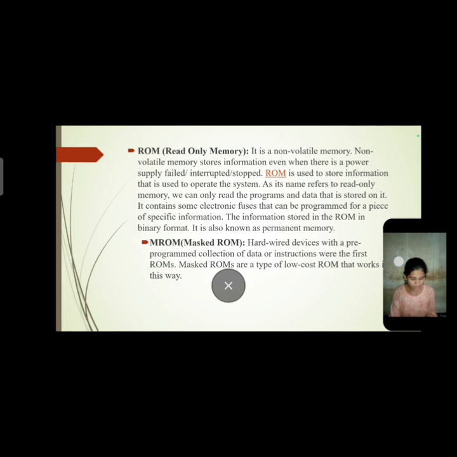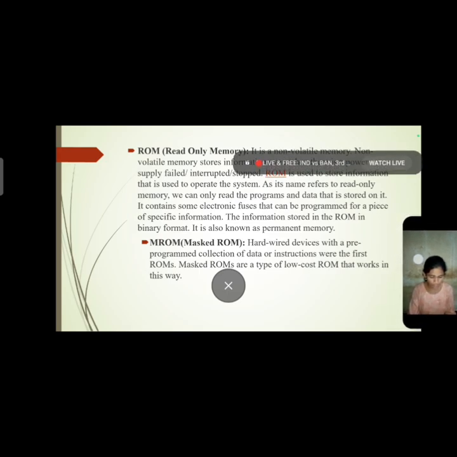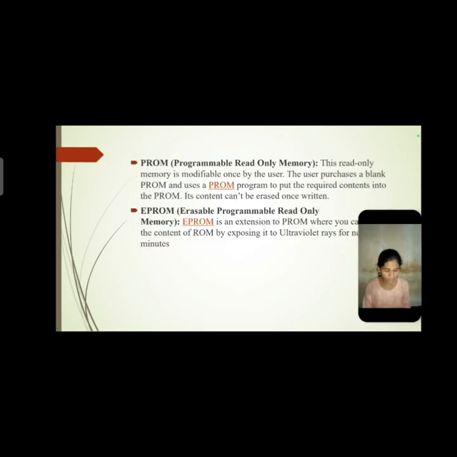Mask ROM: a hardwired device with a pre-programmed collection of data or instructions, was the first ROM. Mask ROMs are a type of low-cost ROM that work in this way. Programmable read-only memory is modifiable once by the user. The user purchases a blank PROM and uses a PROM program to put the required content into the PROM.